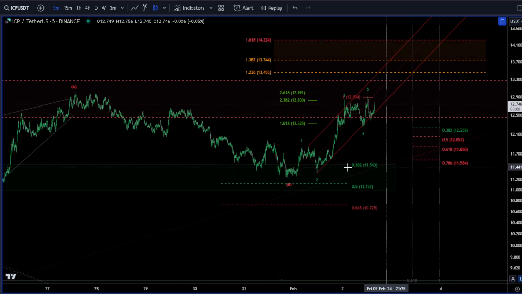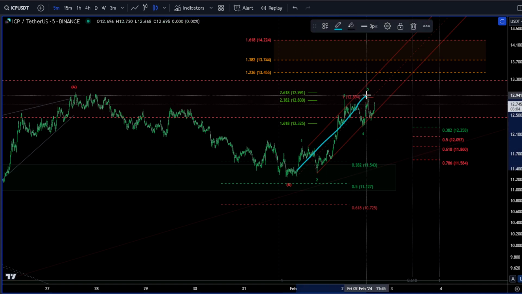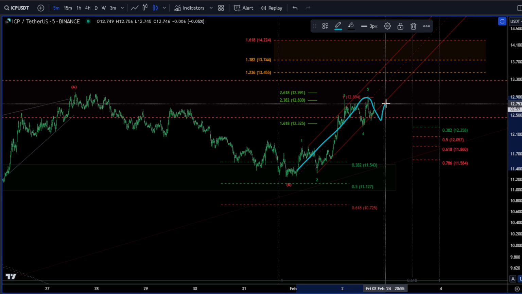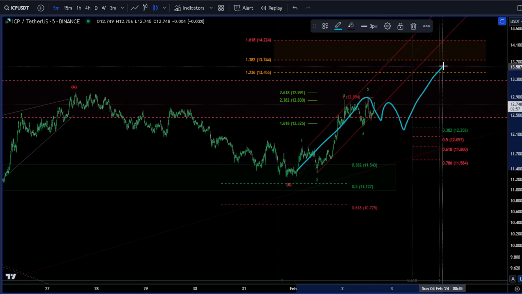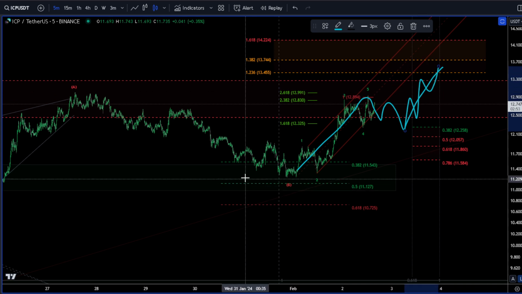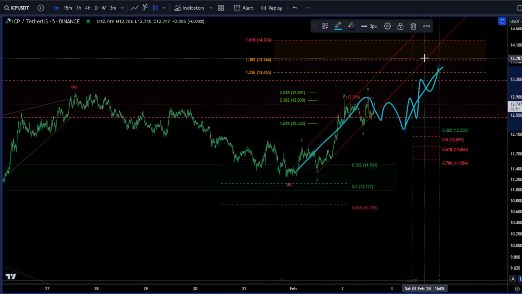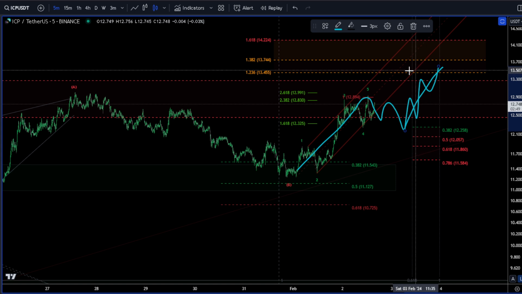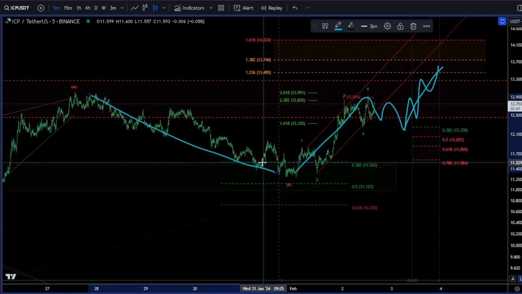So one last thing to keep in mind is if this makes some sort of 5, 3, 5 like a diagonal here, that would be a 3-wave move, and we'd be coming up between the 1.236 and 382 extension of this wave.